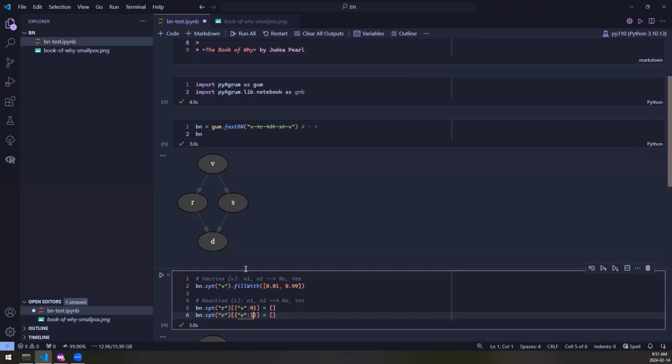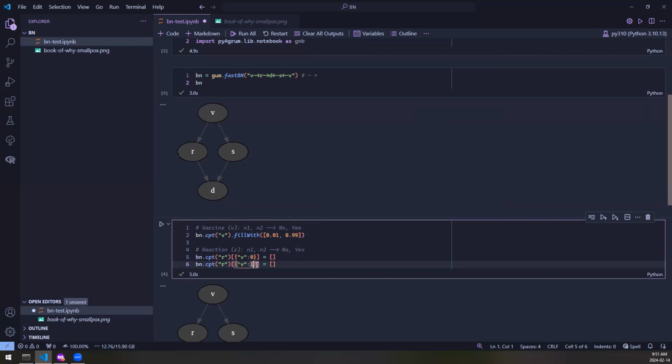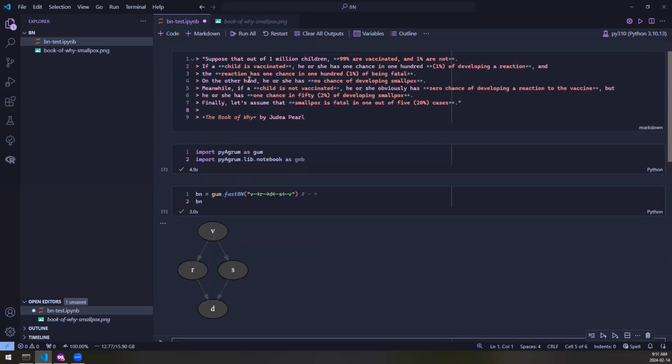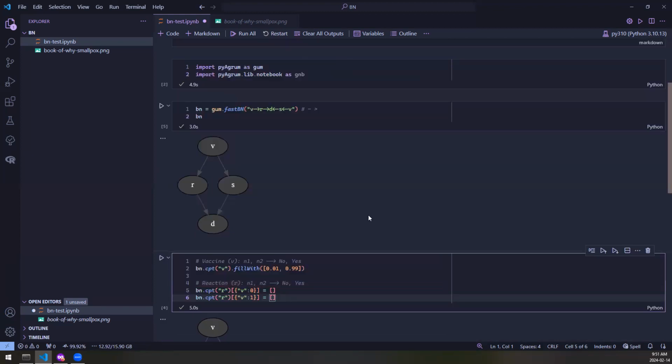So for vaccine true, the reaction is the second number here, which is 0.01.